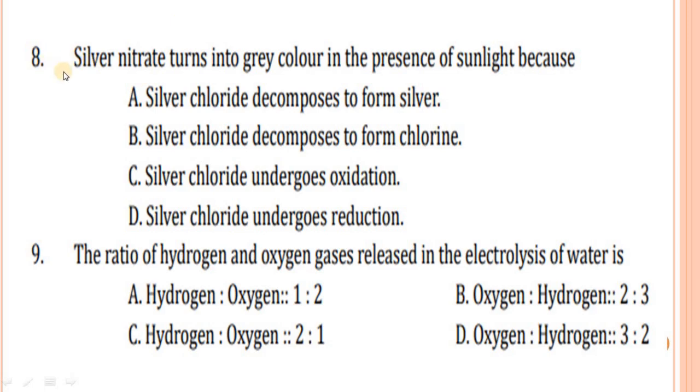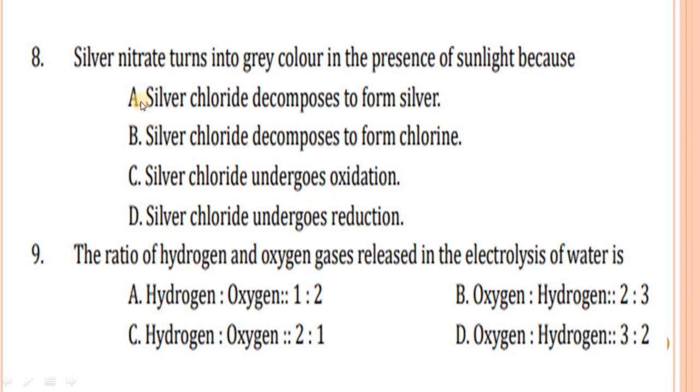In question number 8, silver chloride turns grey in the presence of sunlight because A. silver chloride decomposes to form silver, B. silver chloride decomposes to form chlorine, C. silver chloride undergoes oxidation, and D. silver chloride undergoes reduction. If you see options C and D, here silver chloride undergoing oxidation and reduction is given, which is not correct.